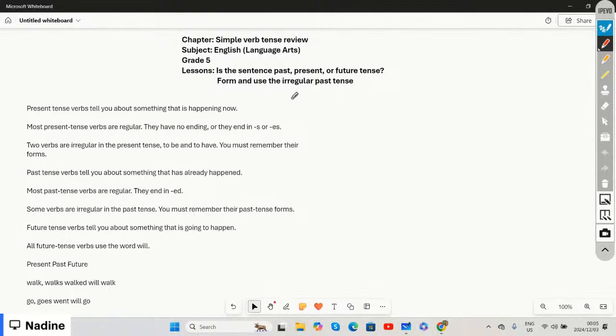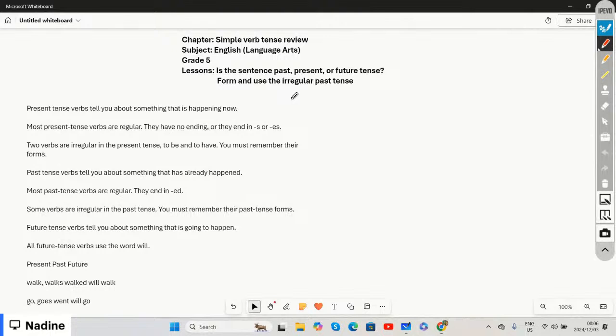So when it comes to our simple verb tenses, a verb is basically the action that is being done within a sentence.